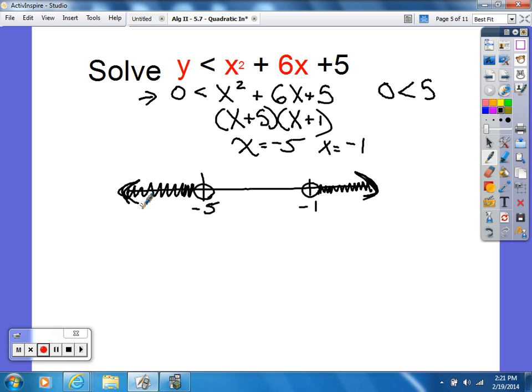But before we do that, we need to remember about these or and these and problems. Back in chapter 1, you guys actually had to write out your answers. All right, so this is an or problem, right?